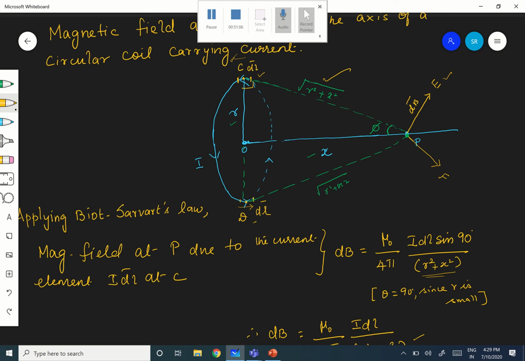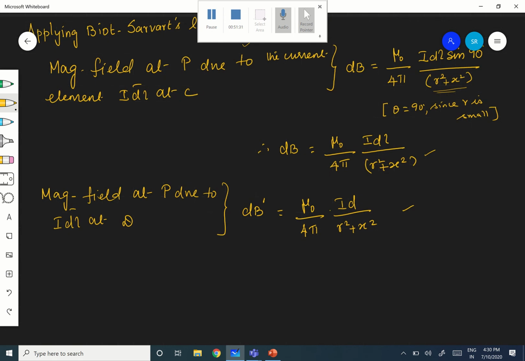And here PF is perpendicular to the plane containing I dl at D and the position vector DP. Is it clear? Therefore, now you see, the directions are different. Though the magnitude is same, if you see, the magnitude is same only.